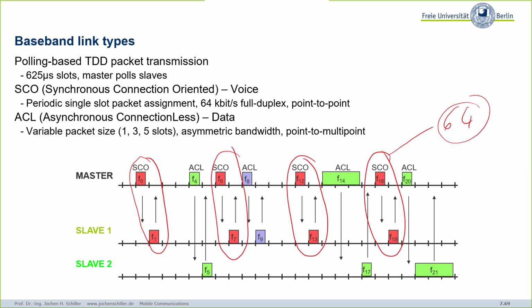And it's the responsibility of the master to poll the slaves. So if the master does not poll a slave, tough luck for the slave. The slave cannot do anything about this. So if there's no polling, the slave cannot send. So it's the responsibility of the master. That's the idea in Bluetooth.